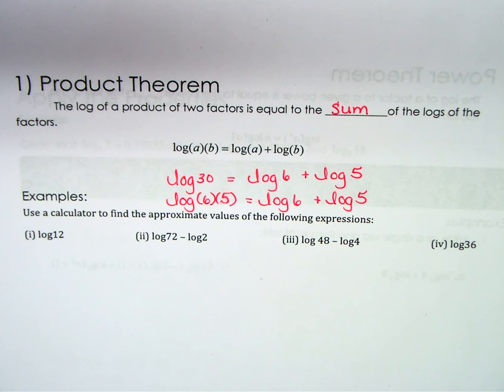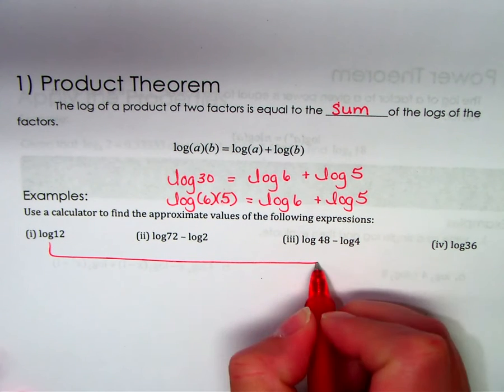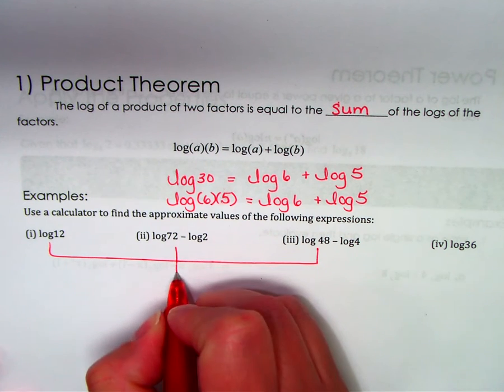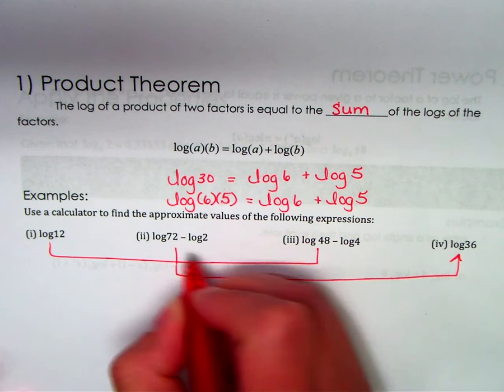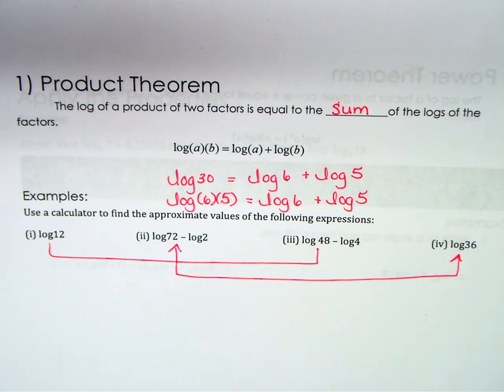Anybody want to guess what the log law is for the next one? Dividing, right? So which ones do you anticipate to be worth the same? 1 and 3. So we anticipate this and this one to match, and that one to match. Because we're smart people. We see patterns.